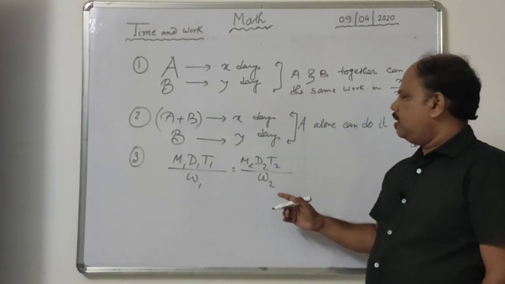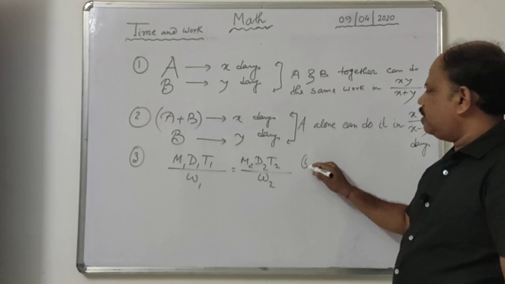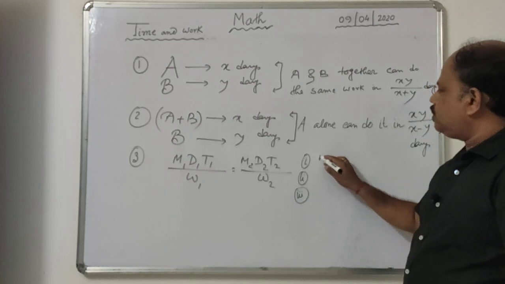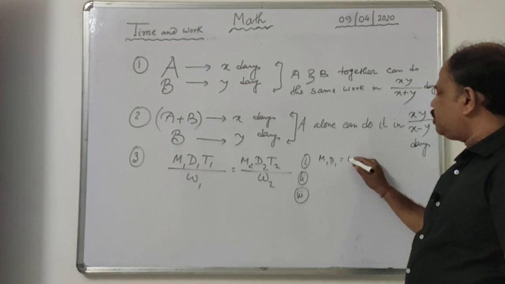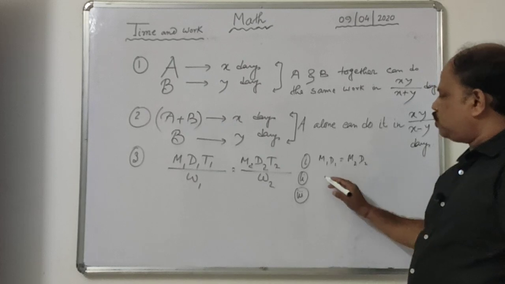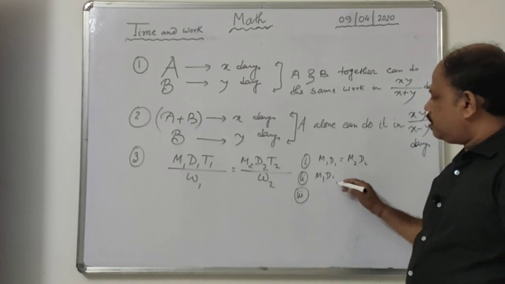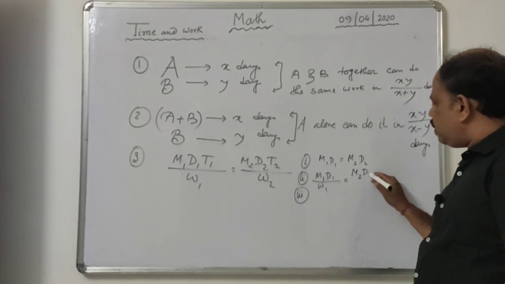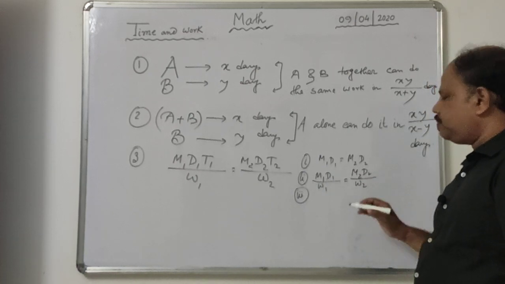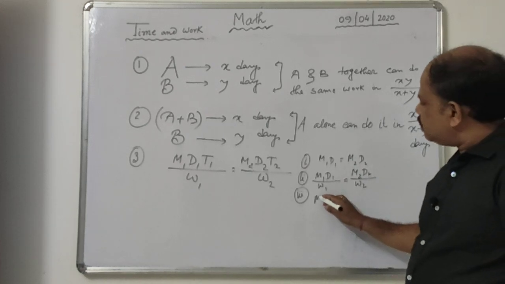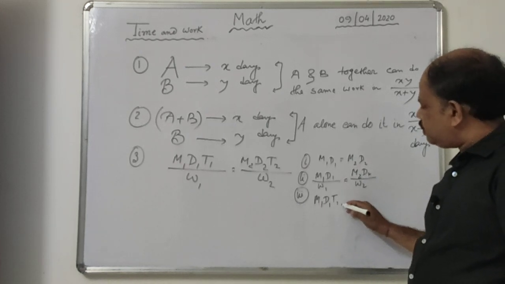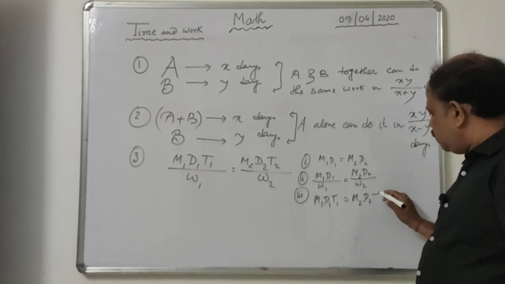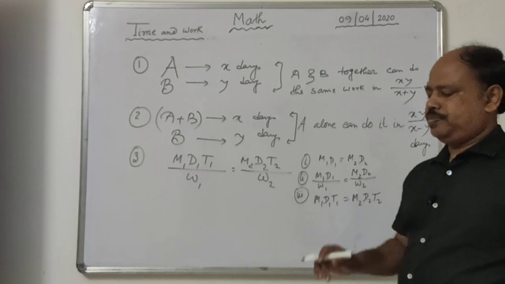original formula, and from that formula we can also use M1 D1 equal to M2 D2, or M1 D1 by W1 equal to M2 D2 by W2, or M1 D1 T1 equal to M2 D2 T2.